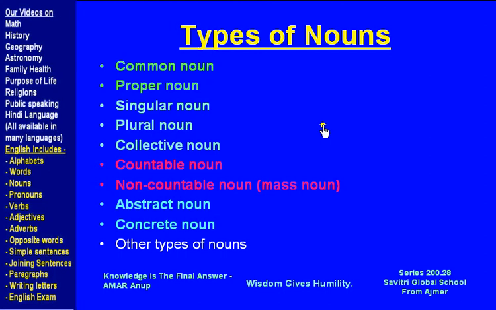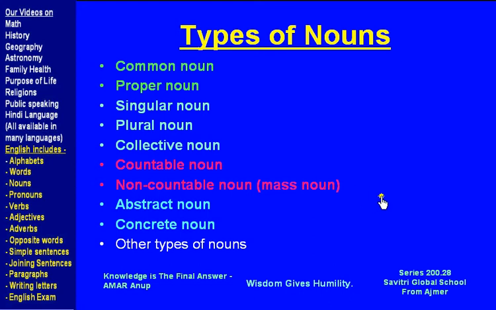So same way, nouns can be in all these groups separately. So for example, the word boy is a common noun. It's a singular form, only one boy, so it's also a singular noun. We can count boys, so it's also a countable noun. We can touch a boy, so it's a concrete noun.